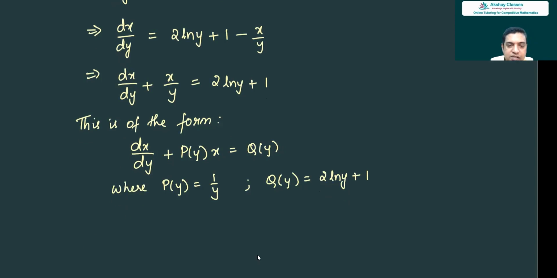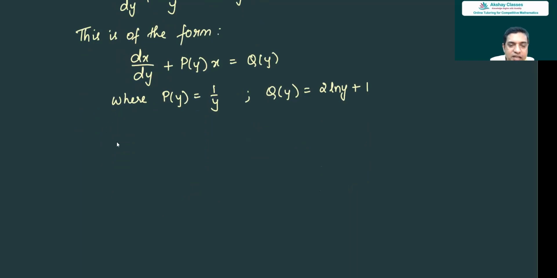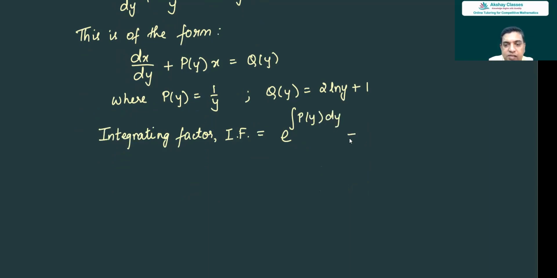So the solution is integrating factor times the dependent variable. First find the integrating factor. The integrating factor is e raised to integral of p of y dy. So e raised to the power integral 1 upon y dy, which is e raised to the power log y, which is equal to y. So integrating factor is y.